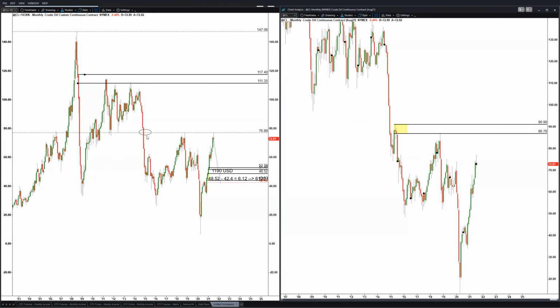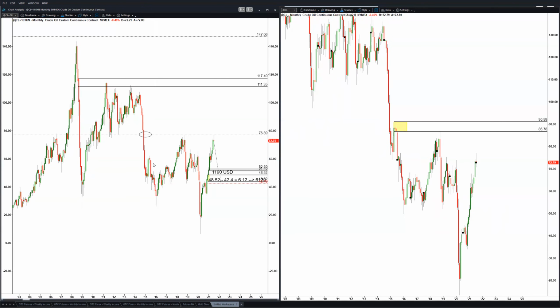Whereas here we don't see it. And here on the adjusted chart now, we just, by coincidence, we see it, right? Because here you see the zone that was created in 15 is much, much lower.